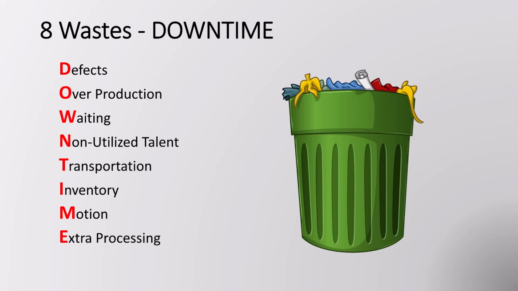So as we're looking at activities, we're looking for activities that create defects, that lead to overproduction, where somebody's waiting, where there's non-utilized talent, where there's transportation or inventory or motion or extra processing, doing more than what that customer actually expects or wants.